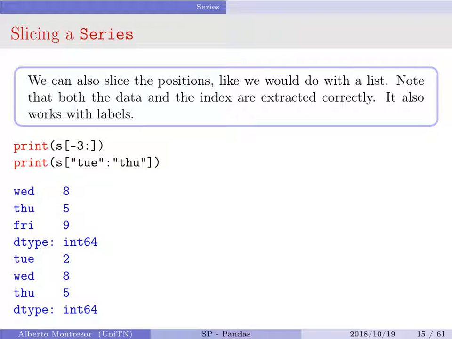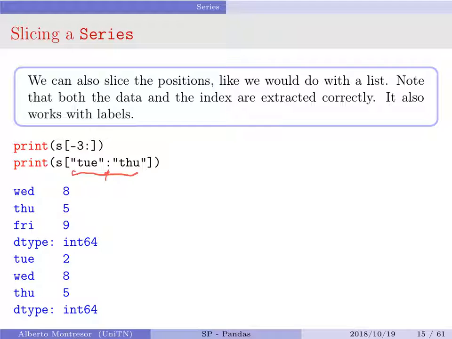The nice part is that you can also do slicing, but this is where the power of series is. You can do slicing also using the labels, the indexes, okay? So the idea is that if you want a sub-series just from Tuesday to Thursday, then you have just to specify it. So you say from TUE to THU, okay? The colon here is the same as slicing.